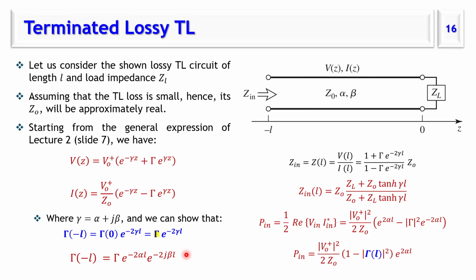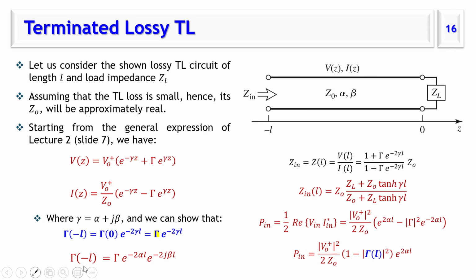If you see an analysis like this on the Smith chart, you will find that it's like a helix. The further you move on the transmission line away from the load, the reflection coefficient keeps shrinking and moves in a spiral rather than on a circle. But we are not using the Smith chart in our course to solve lossy transmission line problems.